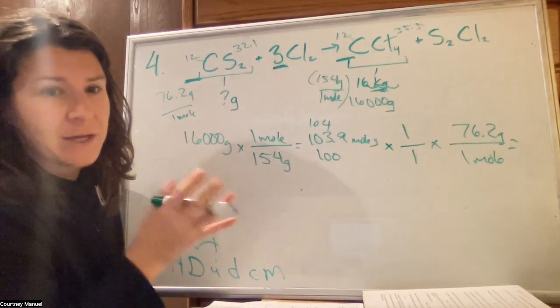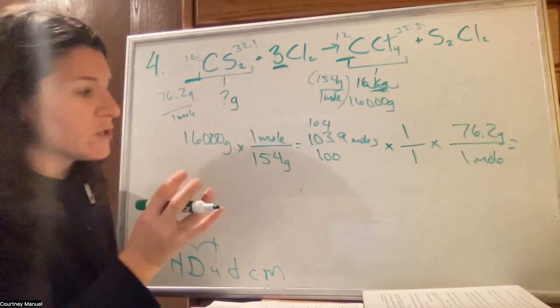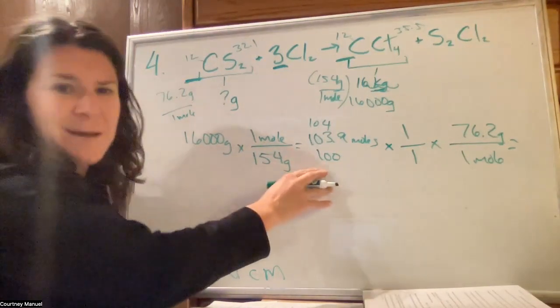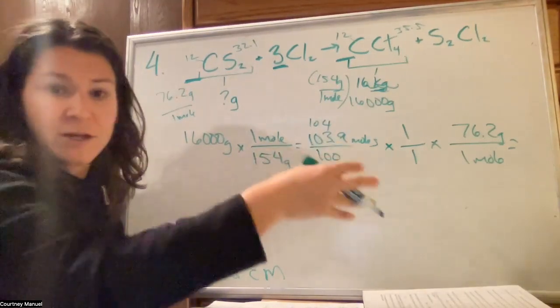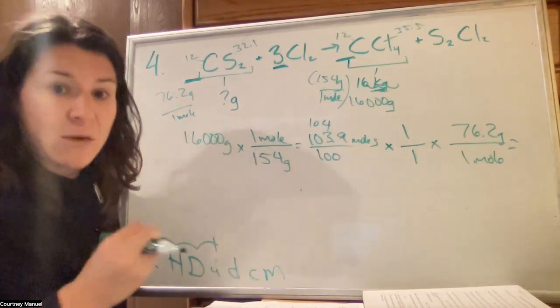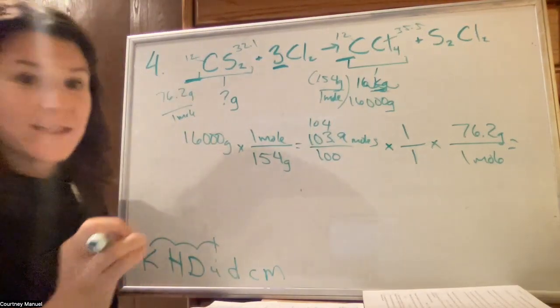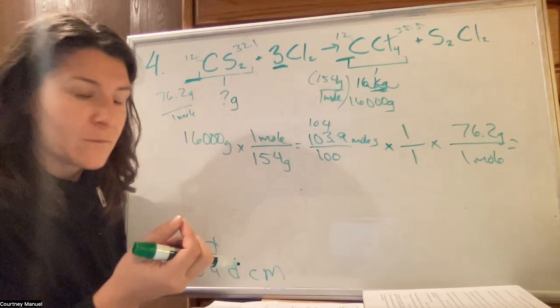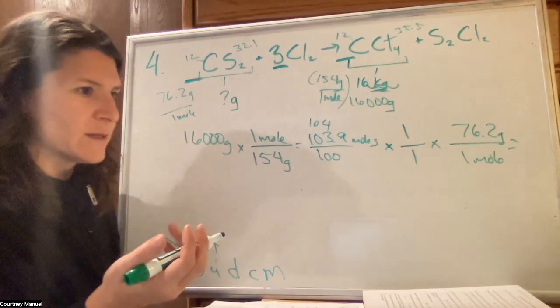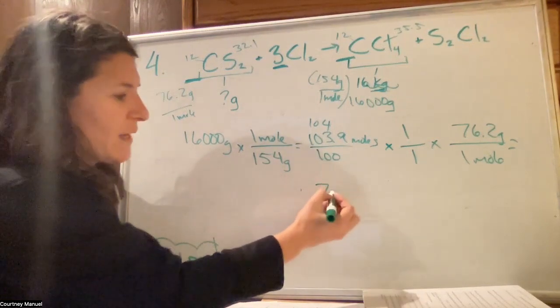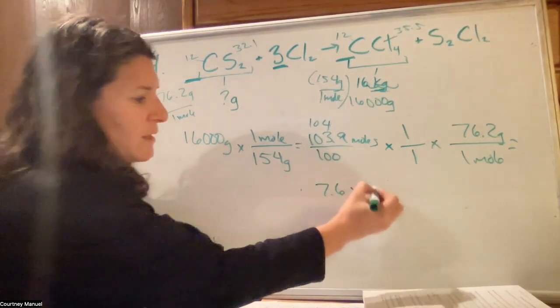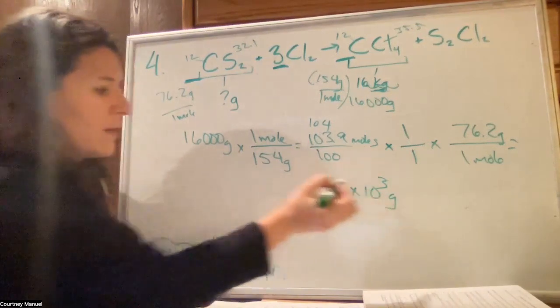Sometimes if you just leave it in the calculator, you're going to get a slight variation. So if you looked at the answer key and realized, man, my number's a little different, that's probably why. You could have left that number in your calculator and kept going. They pulled it out and put it into the next equation, and they condensed it or found the significant figures. So that's how we ended up with 7.6 times 10 to the 3rd grams.